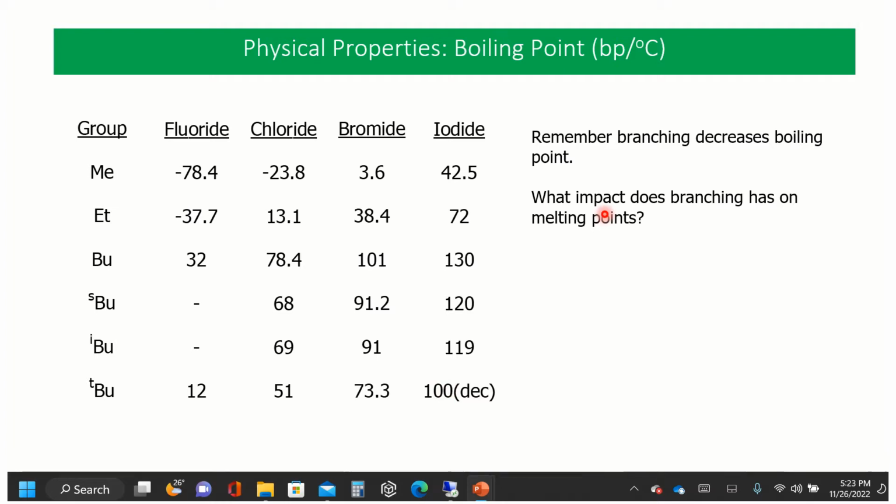Remind ourselves of what the impact is when you branch and what impact it has on the melting points. If you look back on your alkane chemistry, consult the alkane lecture, the branching realizes a more spherical molecule and a better lattice, so better packing, and so better melting.